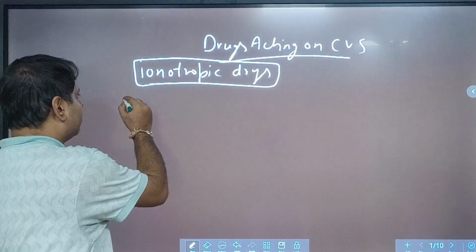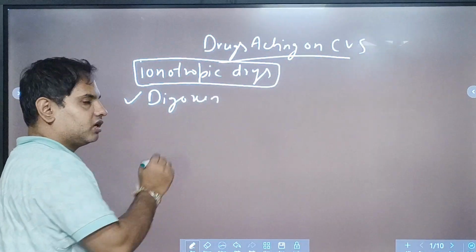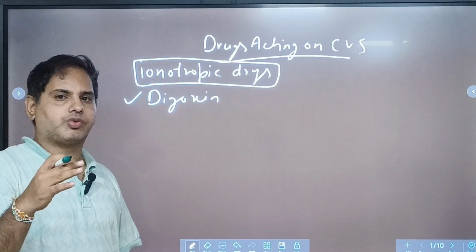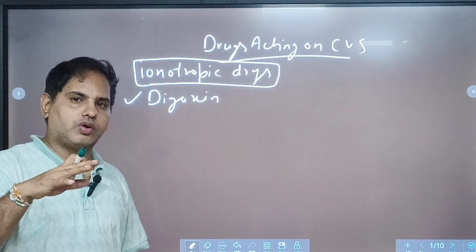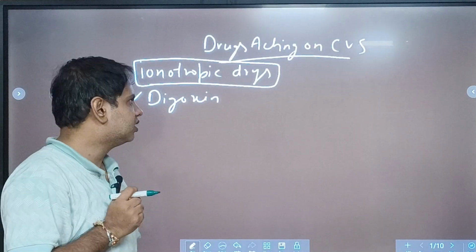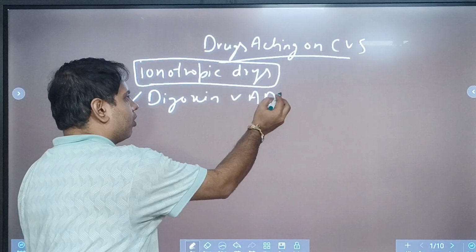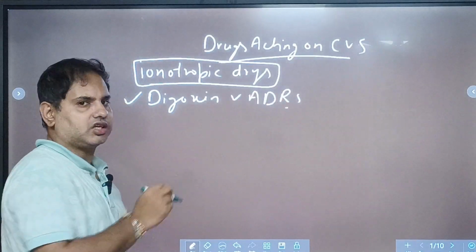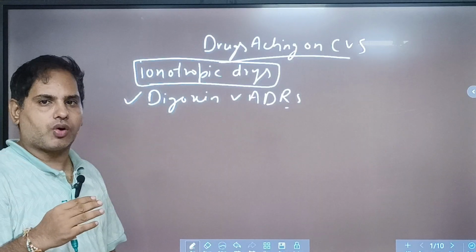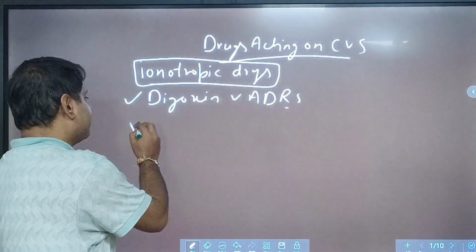We have already covered digoxin in an earlier video: how digoxin works, how it blocks the sodium potassium ATPase, and how increased sodium level increases the calcium levels, and how calcium increases the force of contractions. Also we have covered its adverse drug reactions, contraindications, as well as uses. So the other class of drugs which comes under ionotropic agents, useful in congestive heart failure, are sympathomimetic drugs.